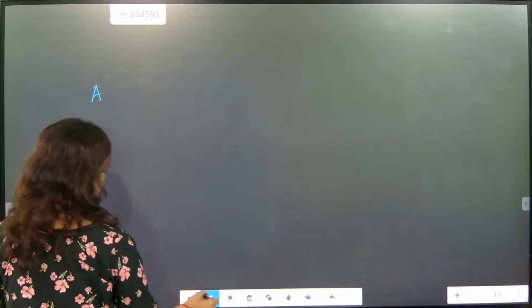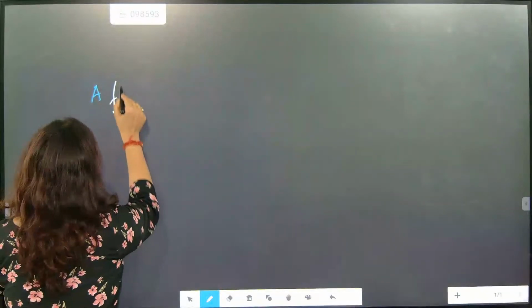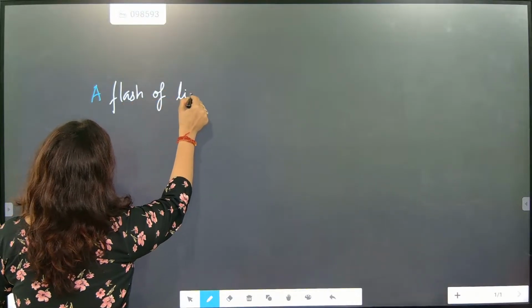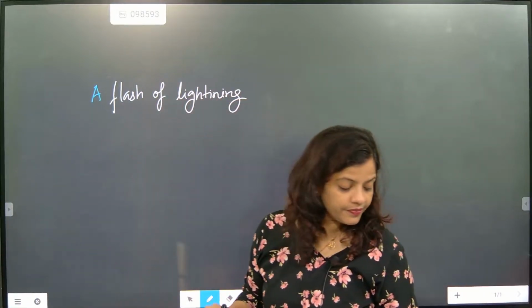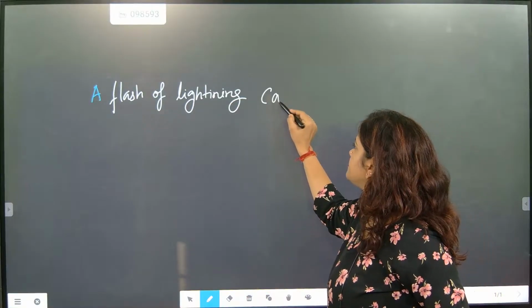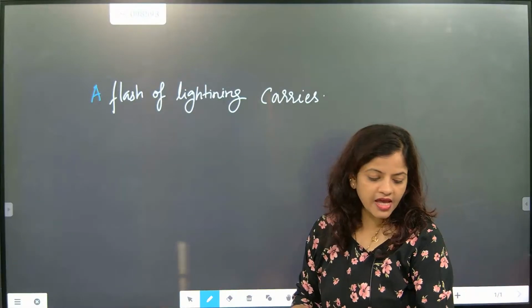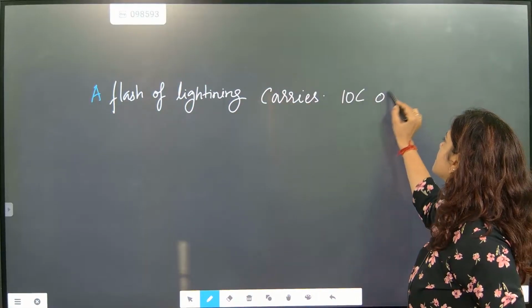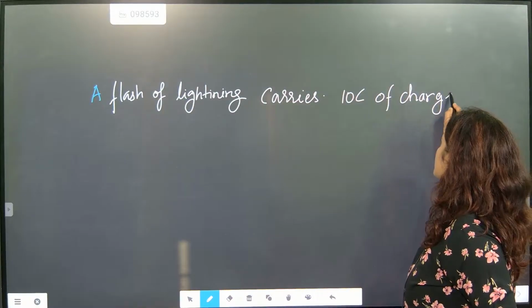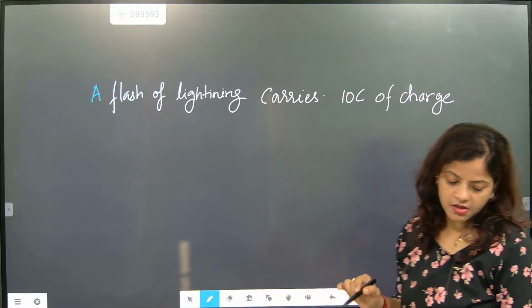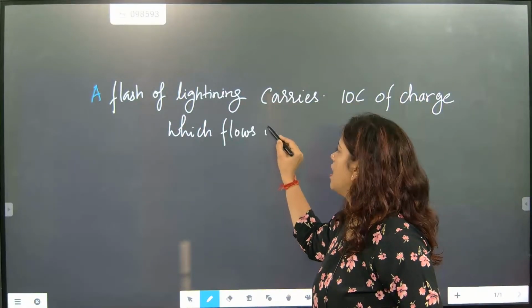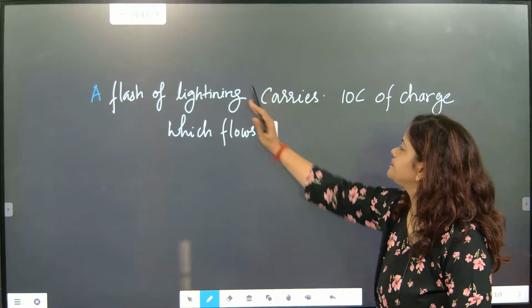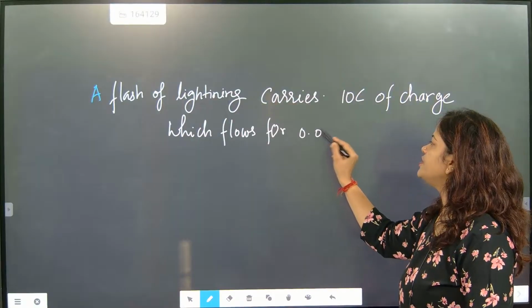Write a question. A flash of lightning carries 10 coulomb of charge, which flows for 0.01 second.